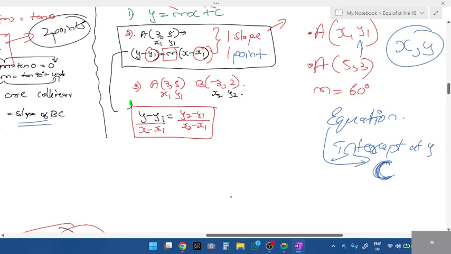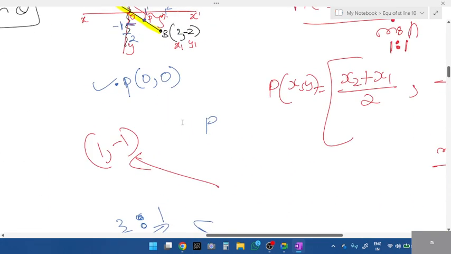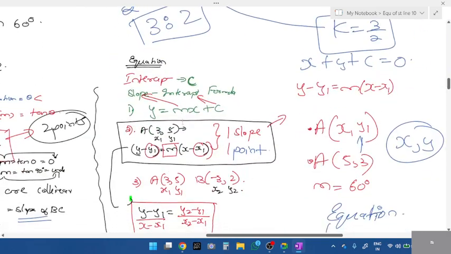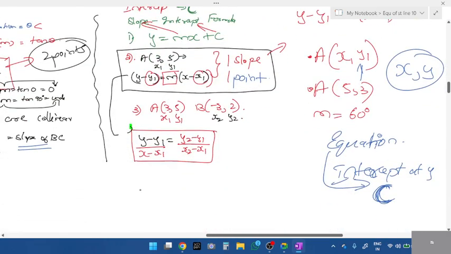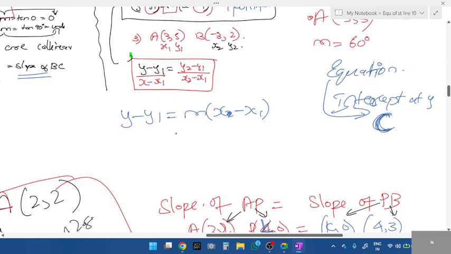Okay, I taught you all how to find the slope, but when two points are given, how to find the equation? This is the formula. See, we use this formula, y minus y1 is equal to m into x minus x1. We use the same formula, but we just write the slope formula in place of m, students. Bring this down, x minus x1.